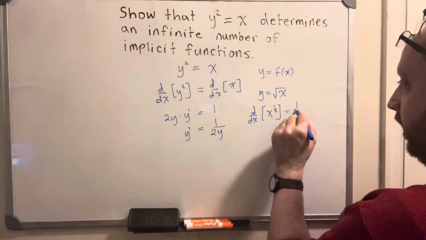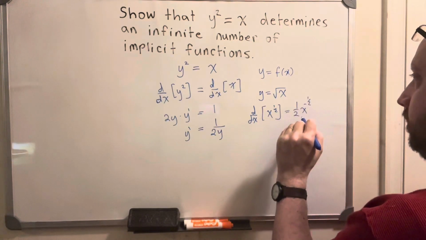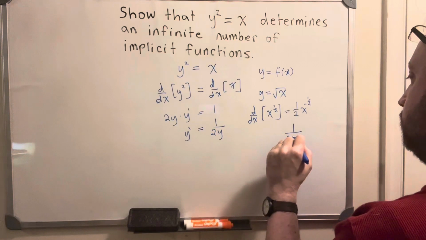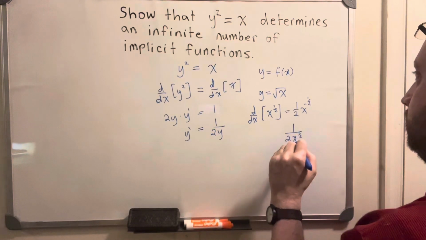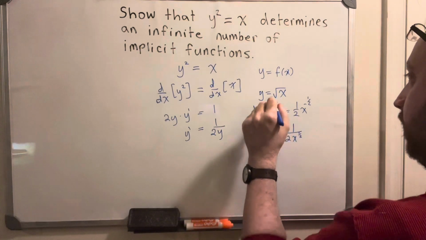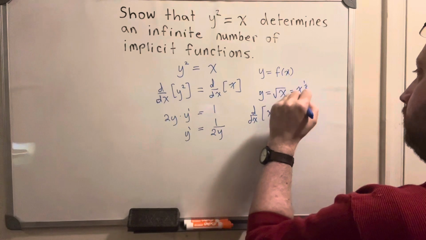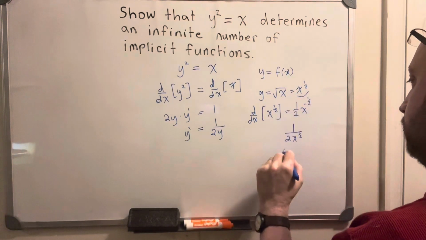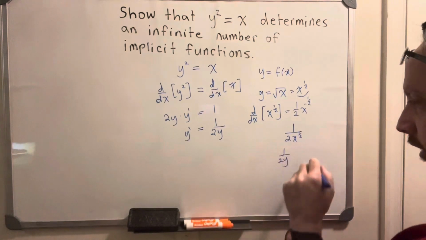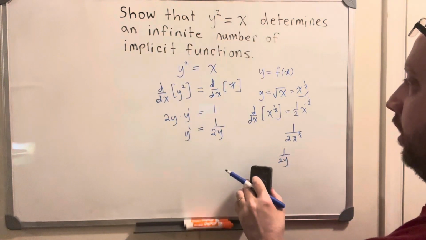This would be 1/2 x to the negative 1/2, which would be 1 over 2x to the 1/2. You see how if y is equal to x to the 1/2, this is 1 over 2y. That proves that there's one equation, but this says determine if there's an infinite number.